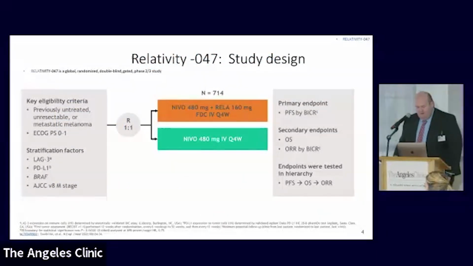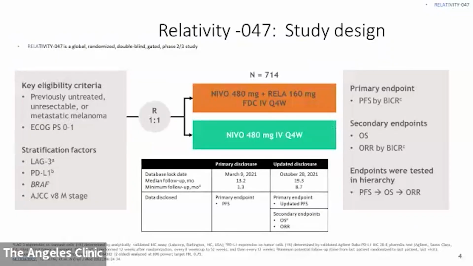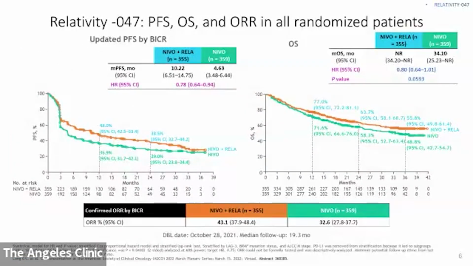It had an every 4-week dose regimen comparing nivolumab alone with nivolumab and relatlimab. Progression-free survival was different and met statistical significance over nivolumab alone, while overall survival was longer in the relatlimab arm as well, but not significant yet.